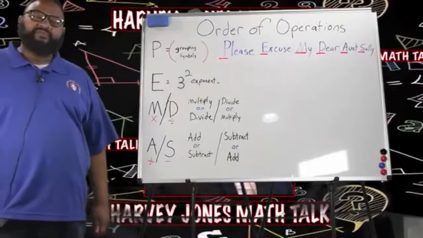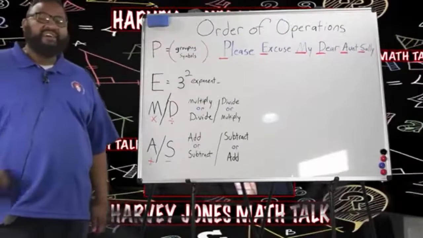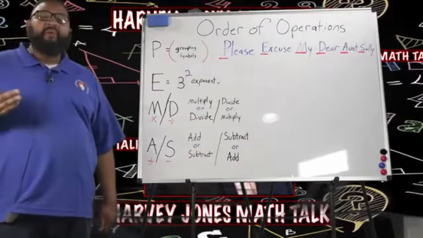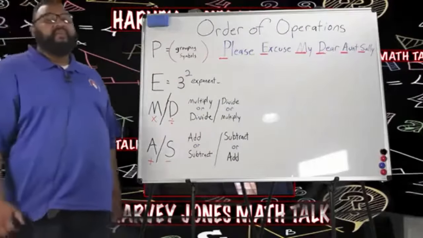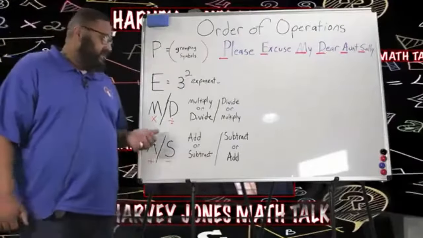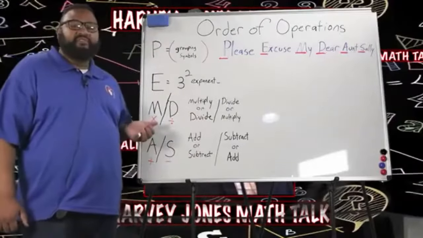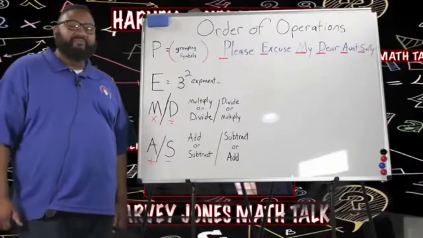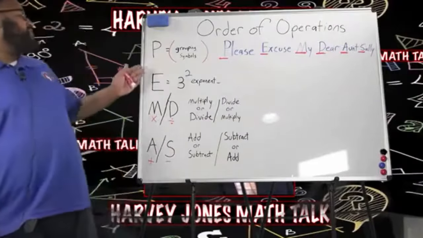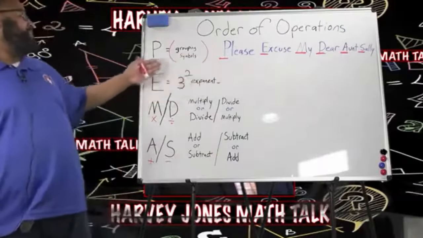Why do you say addition, Mr. Jones? Because multiplication is repeated addition. When you talk about repeated addition, that's multiplication. So the foundation of multiplication is addition. That is what's going on when we talk about the exponent.